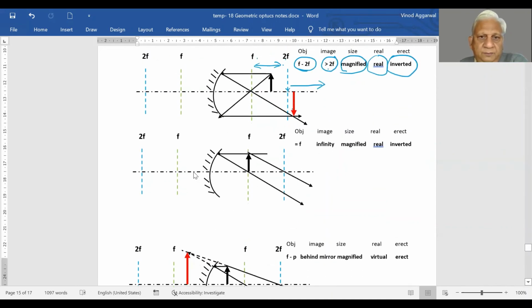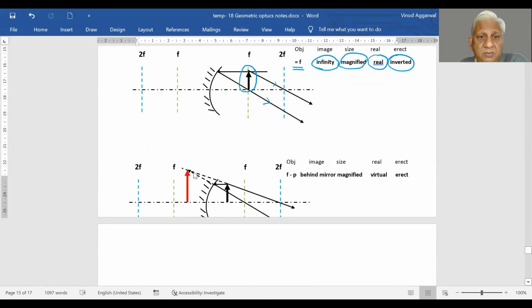Now, what if our object is exactly at focal point? The refracted rays become parallel and we will get image at infinity, which will be hugely magnified. It will be real and inverted.